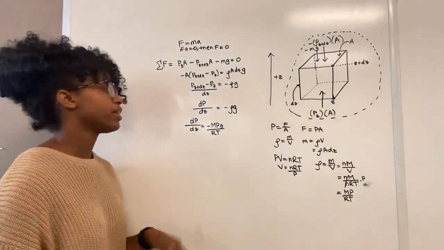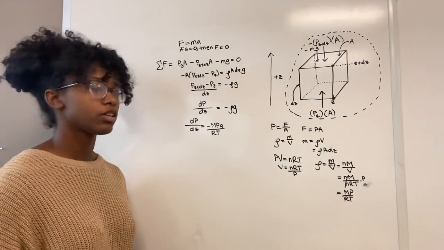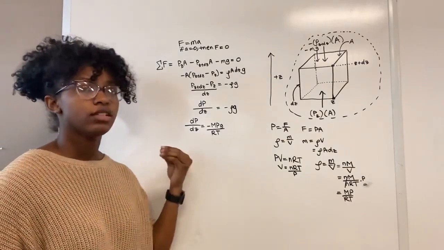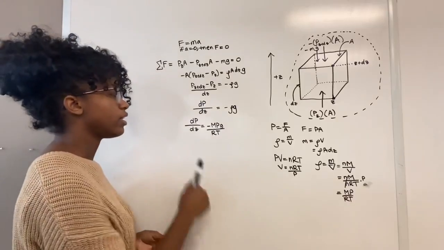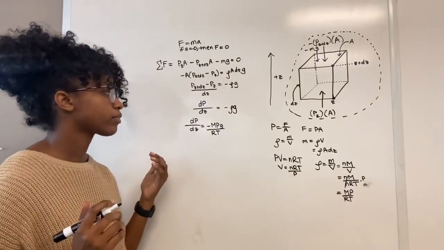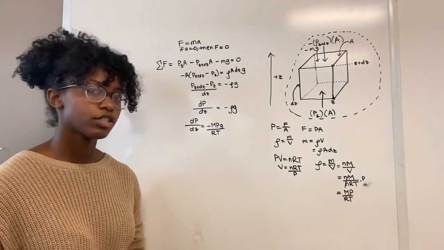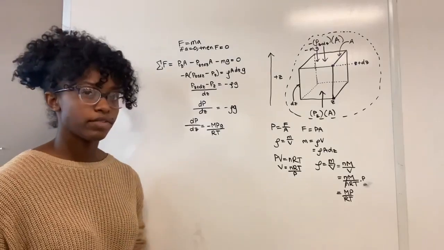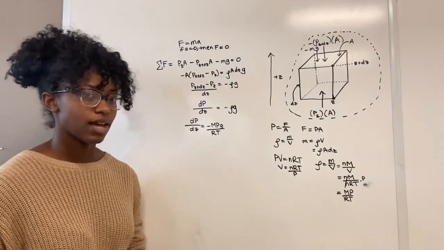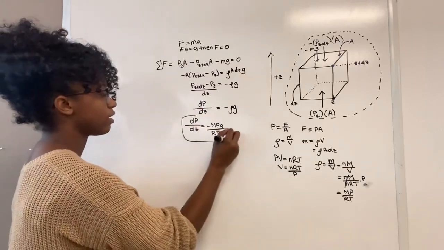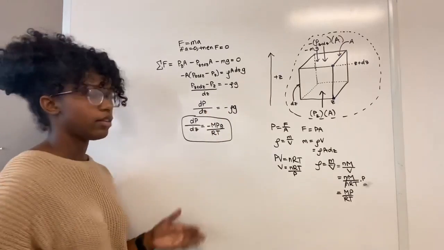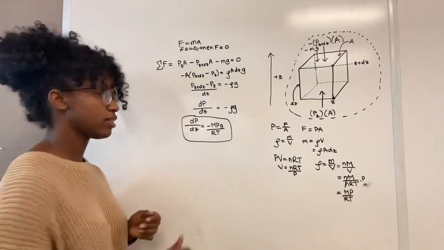And we are left with the change in pressure of our fluid with respect to its thickness or height is equal to the negative molecular weight times the pressure times the acceleration due to gravity, all divided by the ideal gas constant times the temperature. And this is the basic equation of statics for an ideal gas.